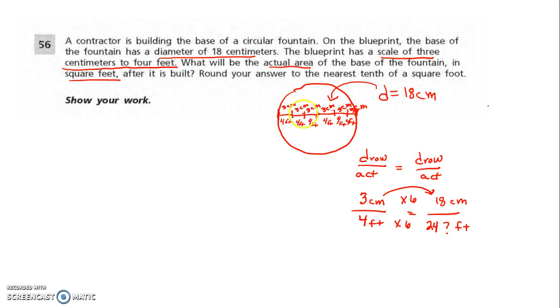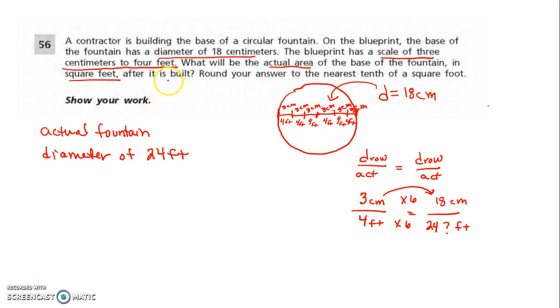So this is a visual trying to show you why, or you fall back on your knowledge of ratios, and you know now the actual fountain has a diameter of 18 feet. Oh, not 18 feet. Sorry about that. 24 feet.